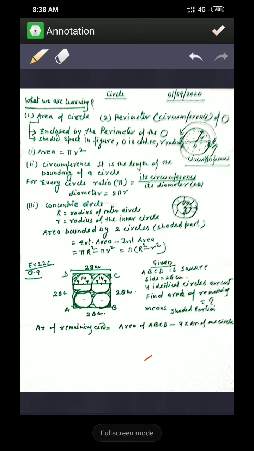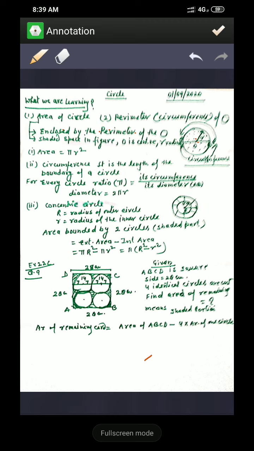As you know, what is area? It is the region enclosed by the perimeter of the circle. So you know about the circle. See the figure here, this is a circle.